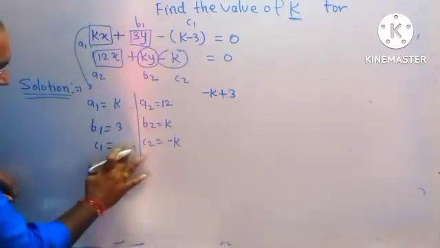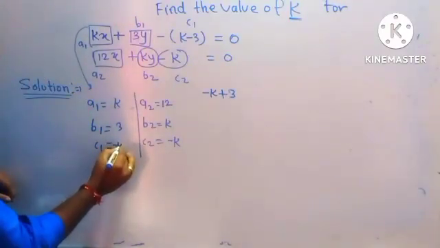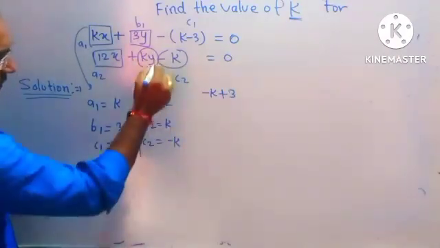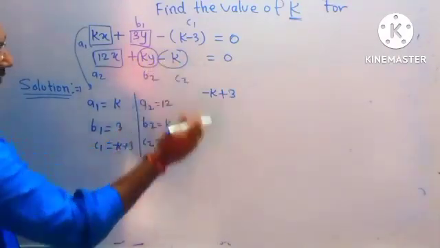So here write down C1 is equal to minus k plus 3, and C2 is equal to minus k.